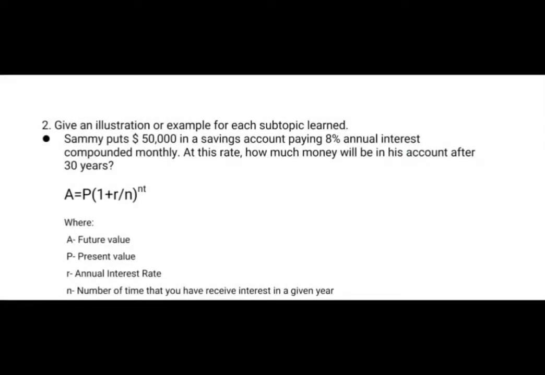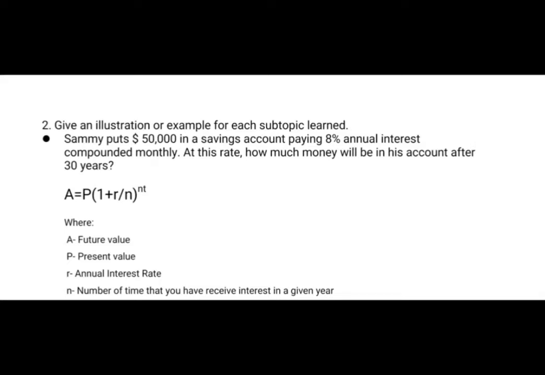Give an illustration or example for each subtopic learned. The example that I have made was: Sammy puts $50,000 in a savings account paying 8% annual interest compounded monthly. At this rate, how much money will be in his account after 30 years?